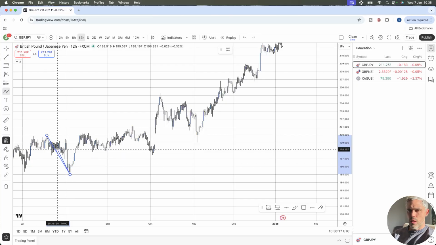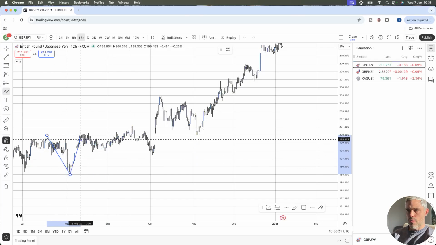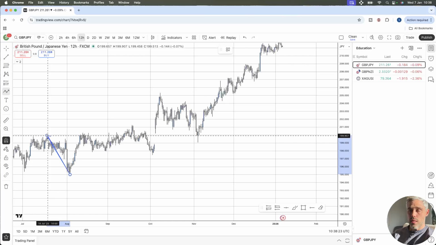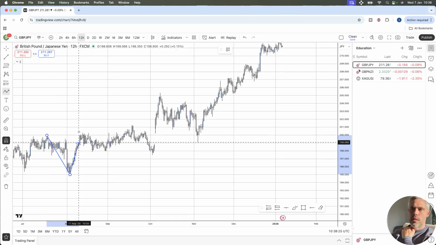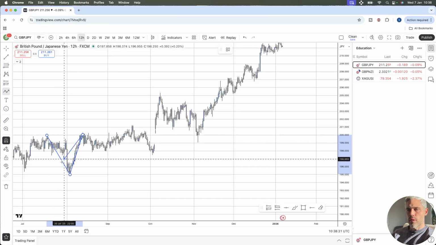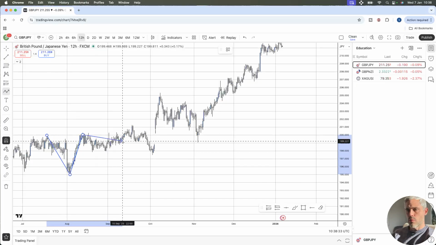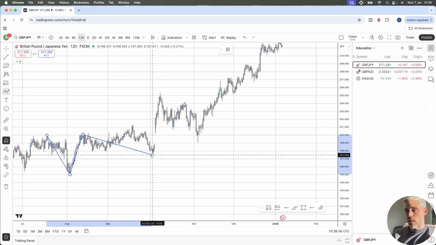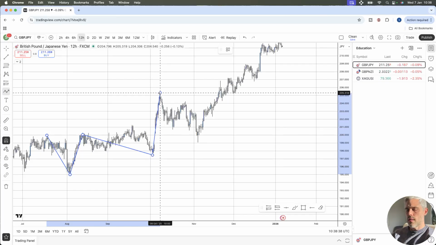A lot of traders will use 3 candles, and then price breaks above the last high in that pullback leg and closes. That would be determined as a break in structure, and then that would be classed as a resistance area that we might want to trade back into, which actually happens here, to go higher.